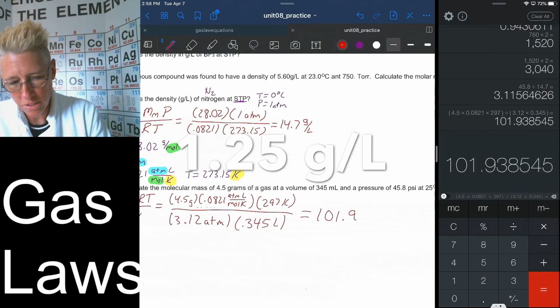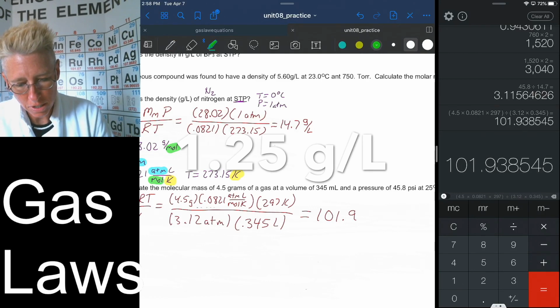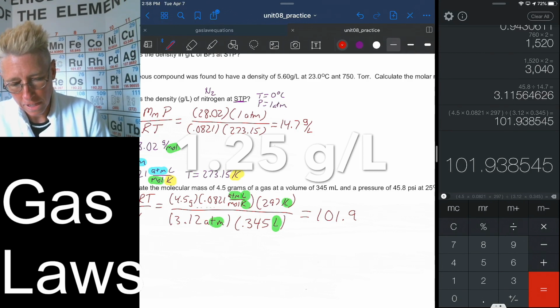And with units canceling, we see that our Kelvin unit cancels, our liter unit cancels, our atmosphere units cancel, so we're left with gram per mole, which is molar mass. And that's it.